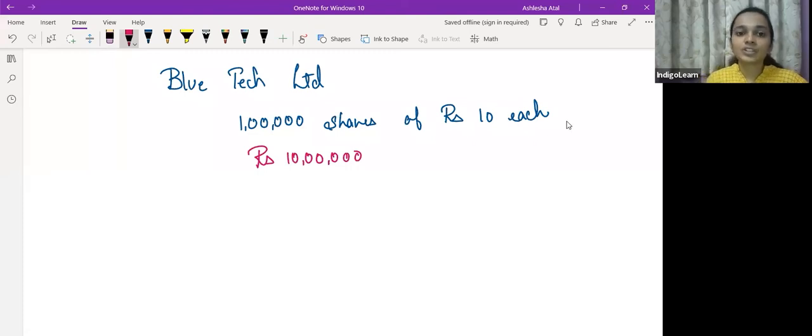Yes. So this is the authorized share capital as stated in the capital clause of the company.